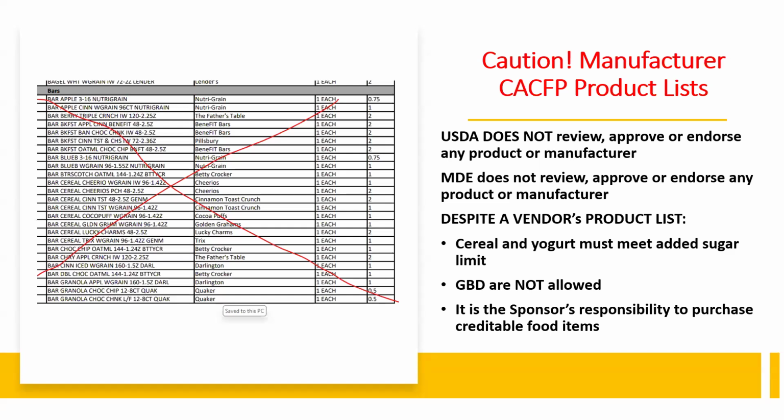We have seen that label on items that are actually grain-based desserts. As we mentioned earlier, grain-based desserts are not allowed, even if they're whole grain rich. So be mindful, know what you're looking at. Do not take for granted if it says it's CACFP approved that it actually is. So yes, that can be very tricky.